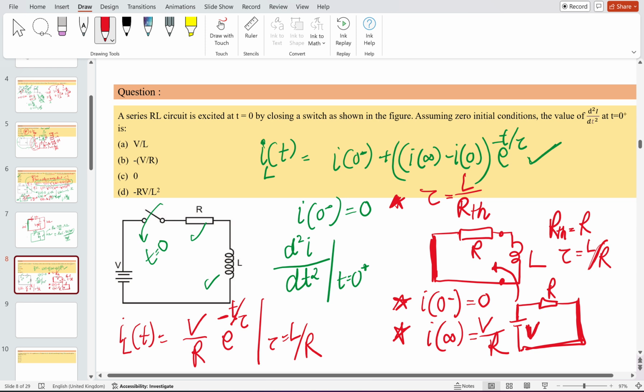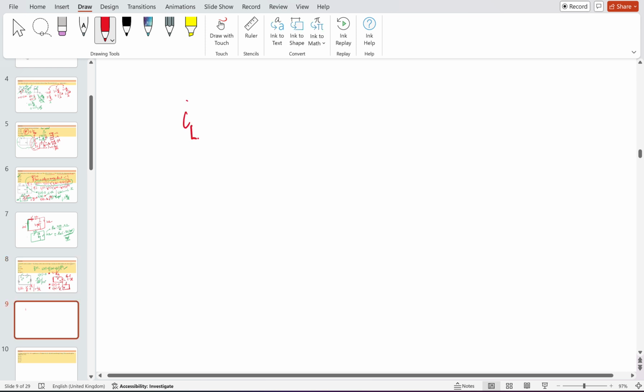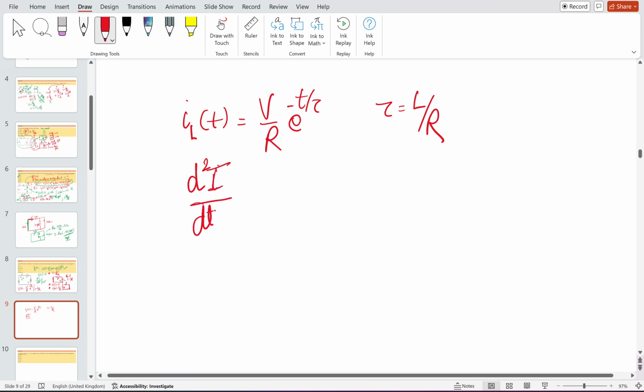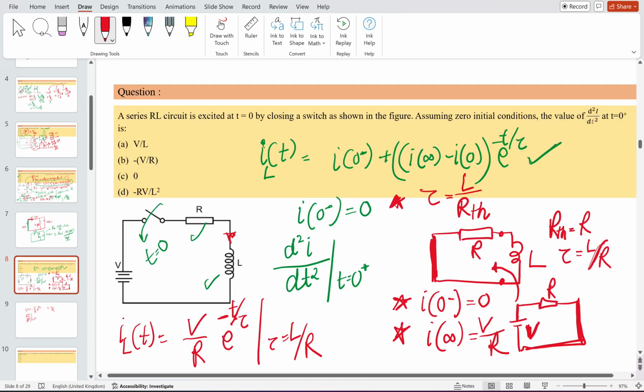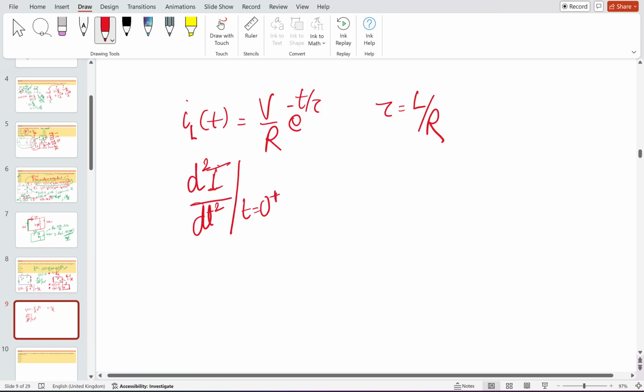So I L of t we were able to find like this: V by R e to the power minus t by tau, and tau is simply L by R. In the question, it is asked what is the value of d square I by dt square at t equal to 0 plus. That I is simply the current flowing through the inductor, which is equal to I L of t only.